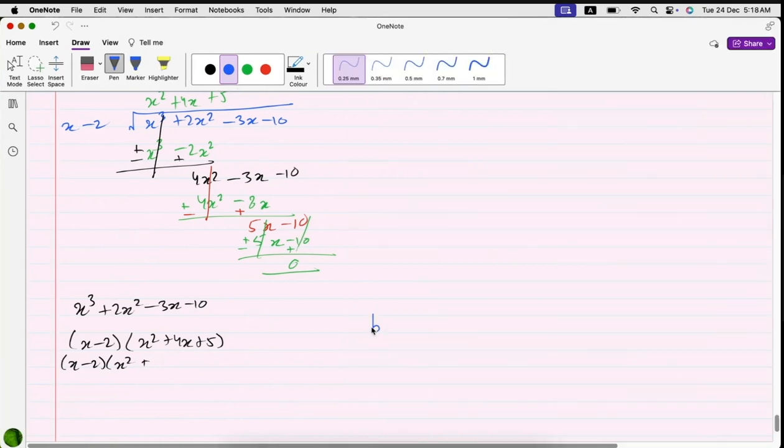I'll just quickly make sure: b square minus 4ac, b square minus 4 into a into c is 16 minus 20. So we don't have a factor. We're getting a negative number under the root. So b squared minus 4ac is a way to check if it's able to be factorized. Minus b plus minus square root of b square minus 4ac. This is negative. So I just stop there.